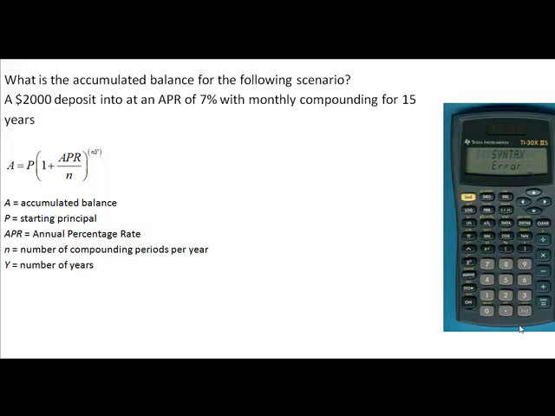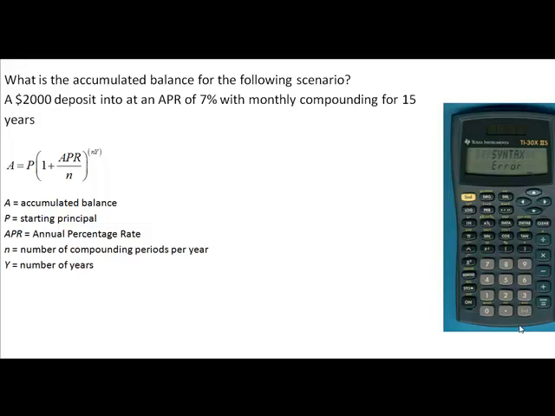And Y equals the number of years. In some formulas, rather than using Y, they use T for the number of years. Also in some other formulas, instead of using APR, they'll just use a lowercase r for interest rate. Those are the major differences. But again, same basic formula, same basic setup.